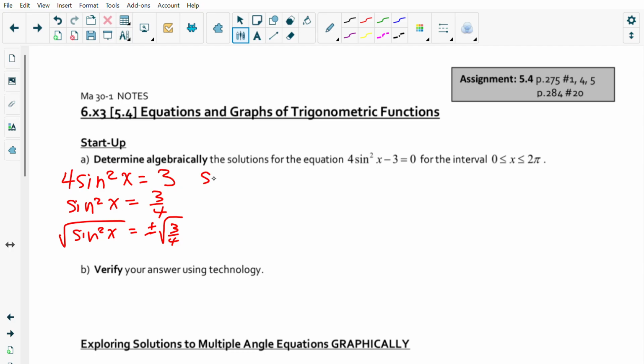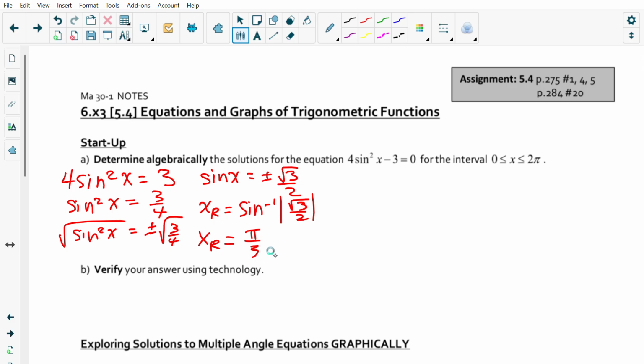And so sine of x equals plus or minus square root of 3 over 2. To find the reference angle, I'm going to take the inverse sine of the absolute value of square root of 3 over 2, and so my reference angle becomes pi/3.